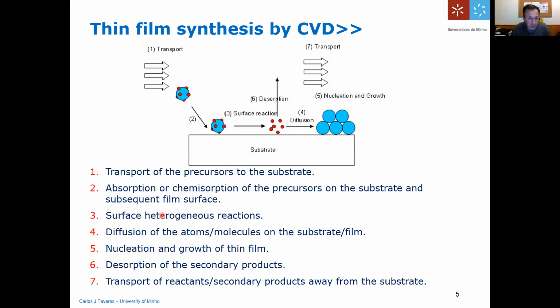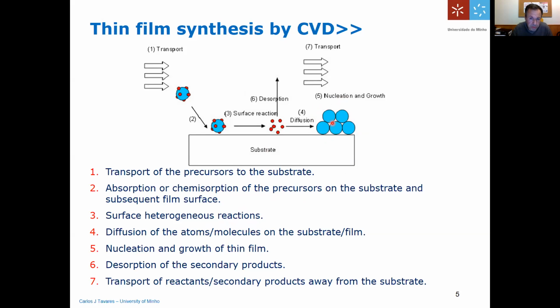Then you have surface heterogeneous reactions, which, for example, will lead to the diffusion of these species that you want to nucleate on the surface, and to the desorption, to the removal of the other items that you don't need in the chemical process. Okay, so you have diffusion of the atoms and molecules on the substrate film that you see here, these blue ions. Okay, you have nucleation and growth according to the kinetics of growth that we have seen in the previous chapter.